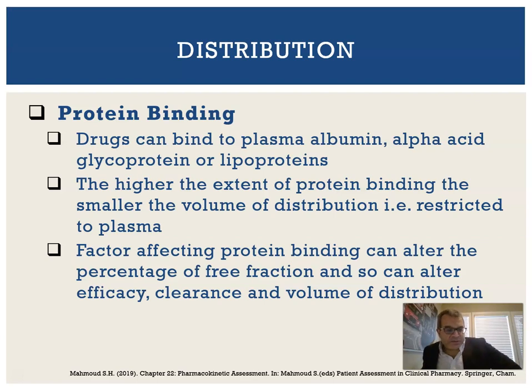Factors that affect protein binding, for example the concentration of plasma albumin, can alter the percentage of the free fraction, and so can alter the efficacy, clearance, and volume of distribution. Why? Because now the drug is bound to plasma proteins, so there are free and bound fractions.